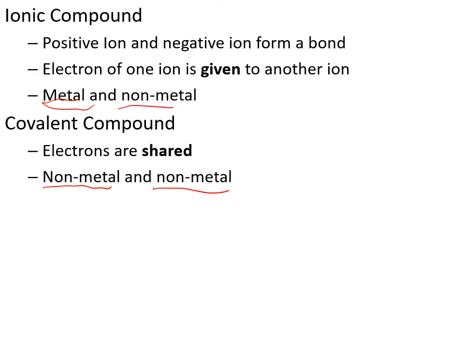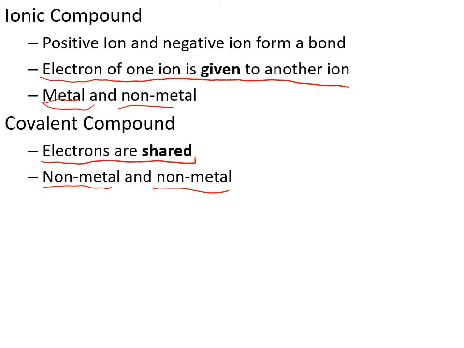Another big difference is that ionic compounds give and take electrons. An electron of one ion is given to another ion. Some of them give away electrons and some of them take electrons. Compared to covalents, which share electrons.